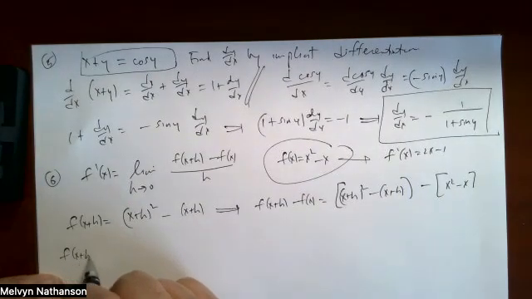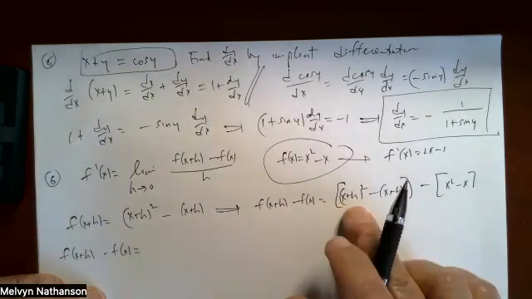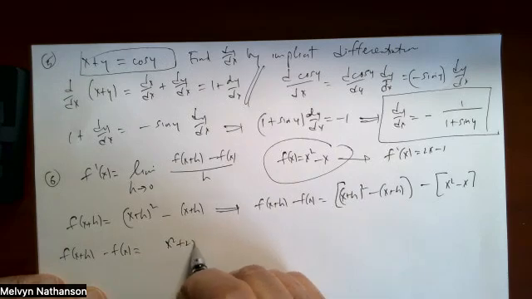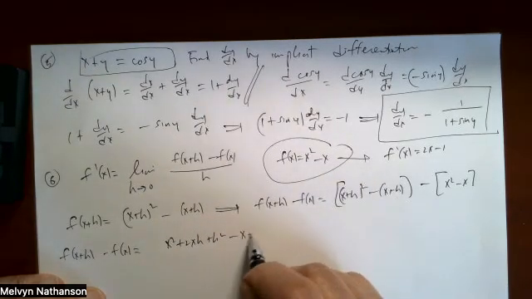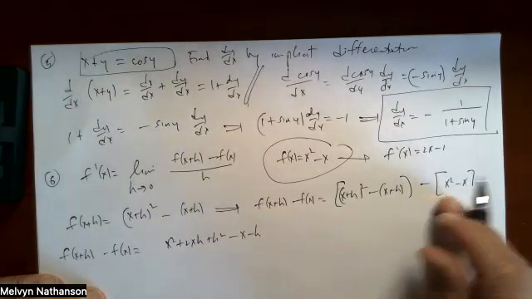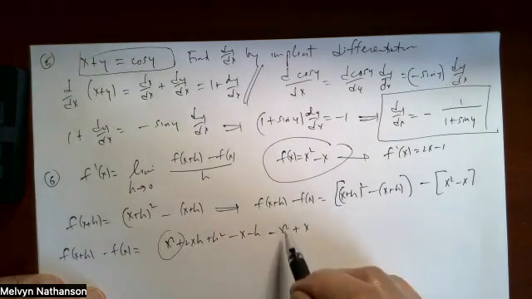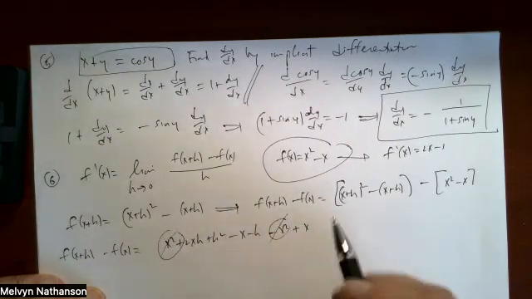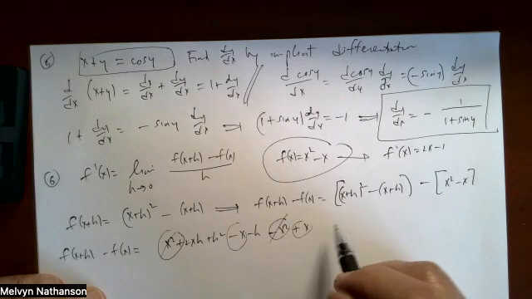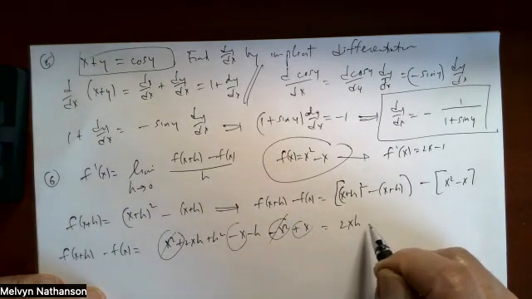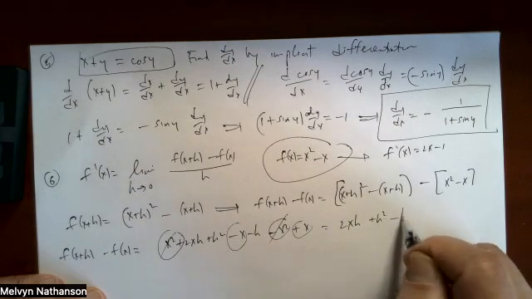So f of x plus h minus f of x is equal to this. What is x plus h squared? That's x squared plus 2xh plus h squared, minus x minus h, minus this, minus x squared plus x. So the x squareds cancel and the x's cancel. So this is equal to 2xh plus h squared minus h.